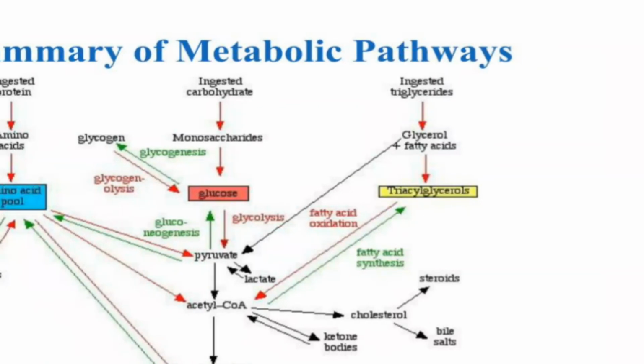Then how about if someone has ingested lipids, which are triglycerides? These triglycerides are going to be broken down to form glycerol and three fatty acids. These are the precursors of the lipids. Then these three fatty acids and glycerol can be converted to form pyruvate by glycolysis.